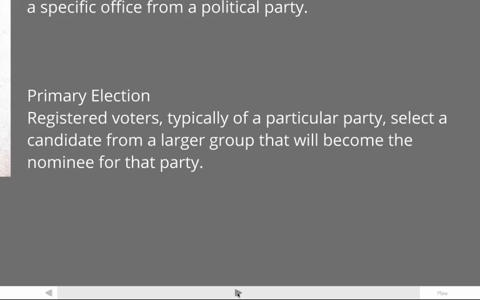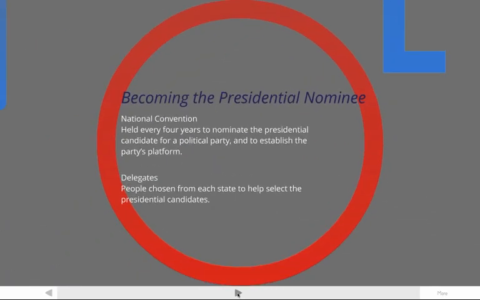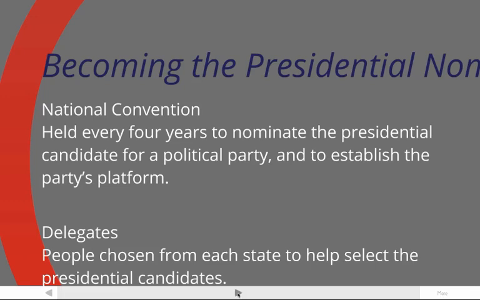And now, the nominee is then crowned or selected at the national convention. And so if you want to become the presidential nominee, you have to go to the national convention, and that's where they announce who is going to be the nominee for presidency for a particular party.